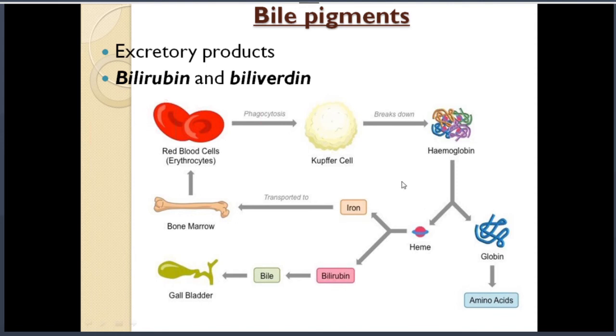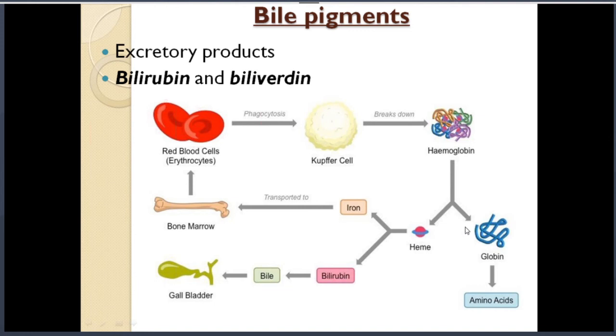This choleglobin finally degenerates and gives biliverdin, globin, and an iron molecule. So three molecules are obtained from hemoglobin degeneration: biliverdin, iron molecule, and globin molecule.